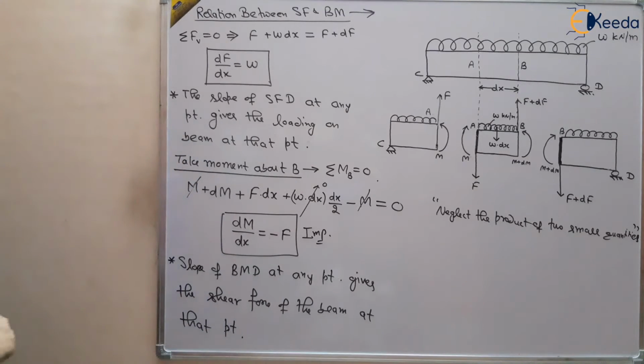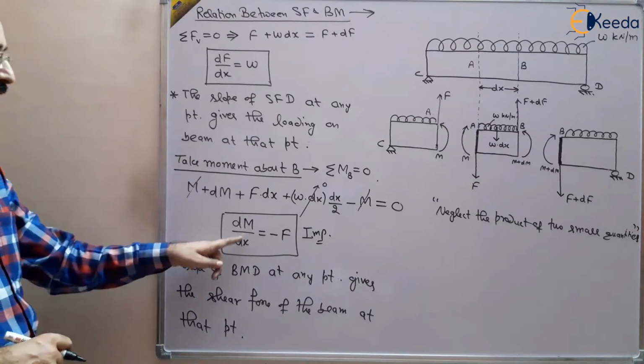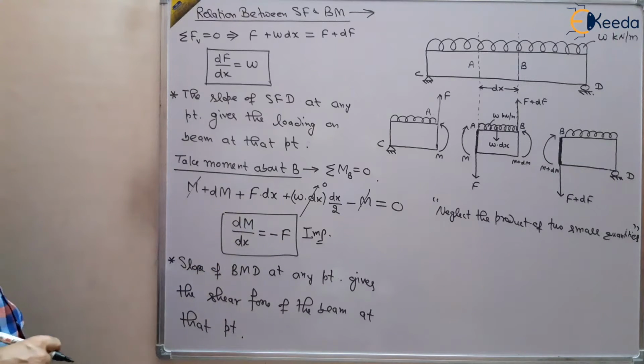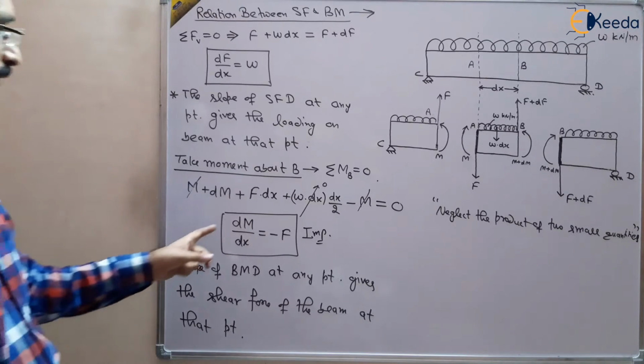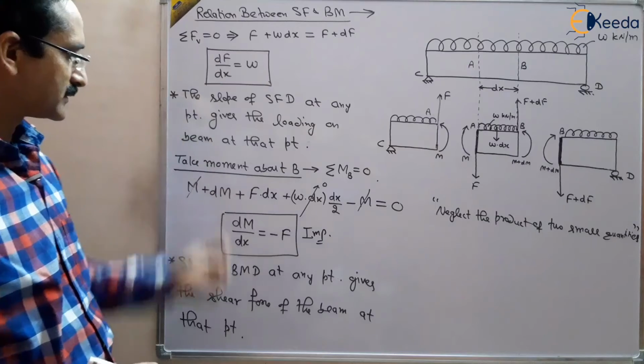I am writing only the magnitude. So in magnitude, dM by dx will be equal to F, right? So this is how we find out the relation between these two.